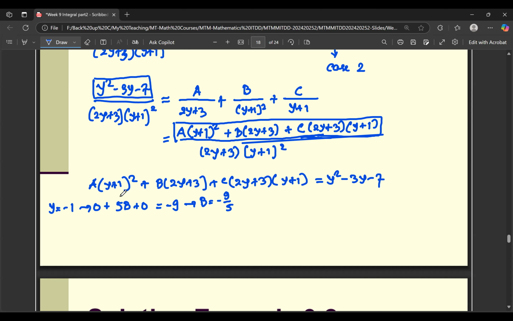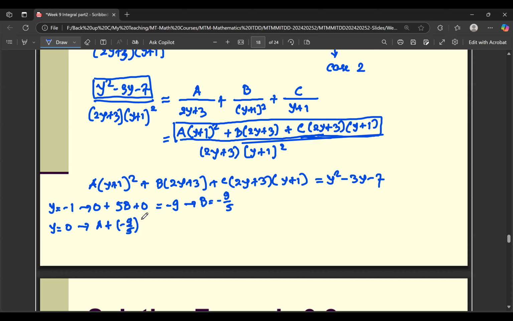But dealing with the division is difficult to solve, so I avoid using y equal to minus 3 over 2, and I choose y equal to 0. This is also simple, and we have that 0 here will be A, and B already has the value minus 9 over 5.